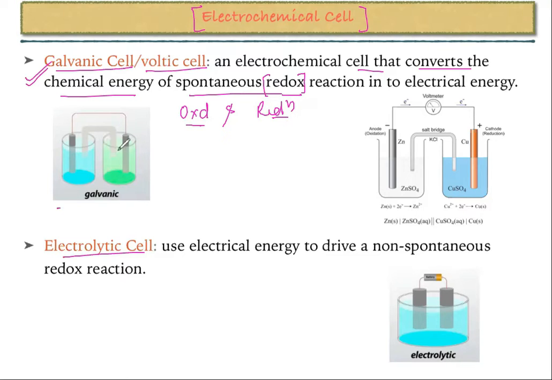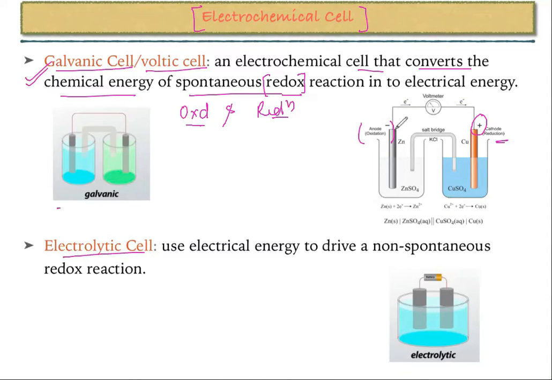So this is a schematic diagram. Here you can see the picture. In one part, zinc is dipped in zinc sulfate solution, acting as the anode, and the oxidation reaction takes place. In the second part, copper is dipped into copper sulfate solution, acting as the positive electrode, known as the cathode. Reduction is taking place. This is the salt bridge, and the electrons flow from anode to cathode.